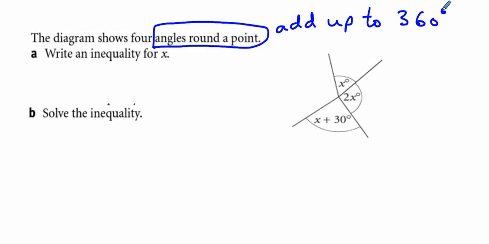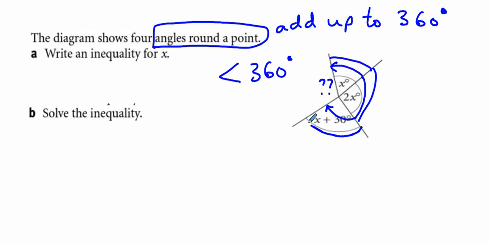So if you want to write an inequality using this diagram, when you take this angle plus this angle plus this angle, the answer should be less than 360 degrees, because this angle here is left behind. We don't know it. So for an inequality for x, you'll be talking about this angle plus this angle plus this angle. That sum should be less than 360 degrees.